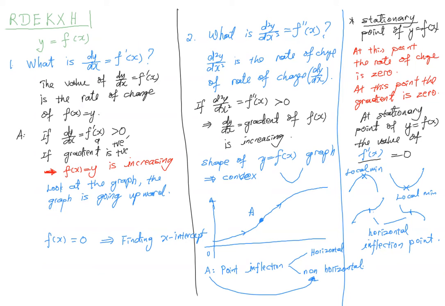At point of inflection, we know that f double prime A is equal to 0. But for this one, f prime A is not equal to 0. That's why we call it non-horizontal. Horizontal means the gradient is 0 and the rate of change is also 0.